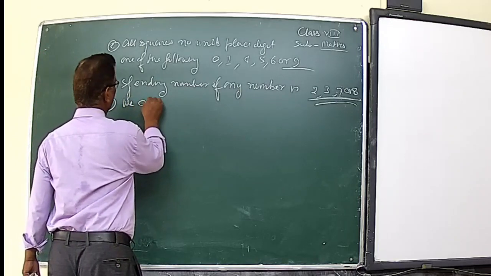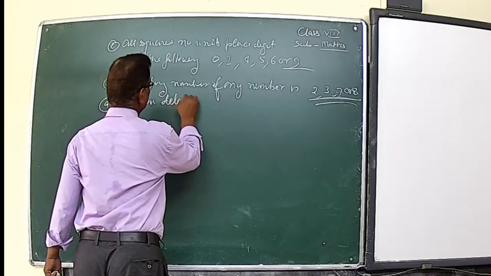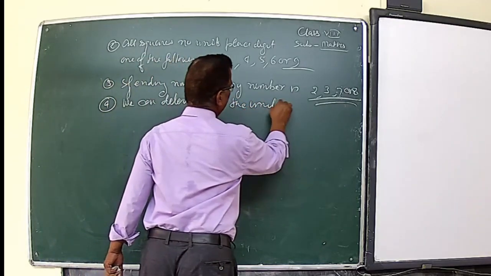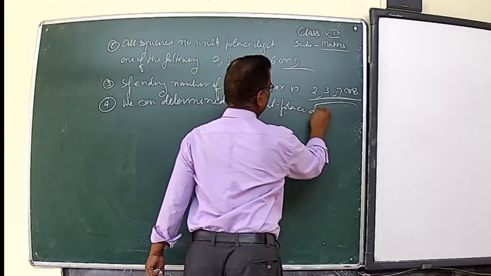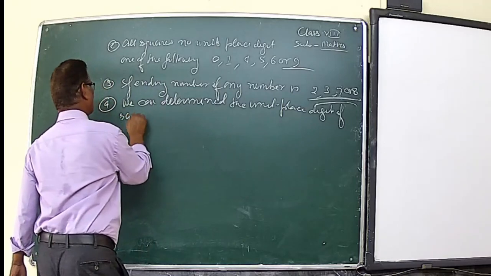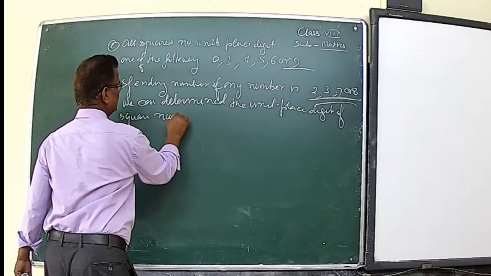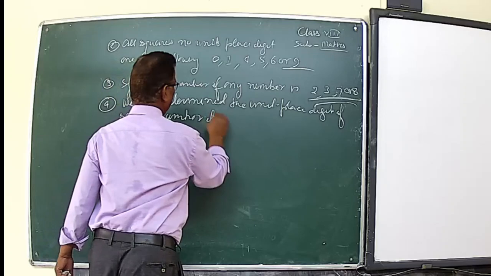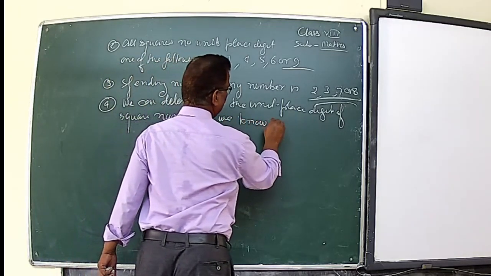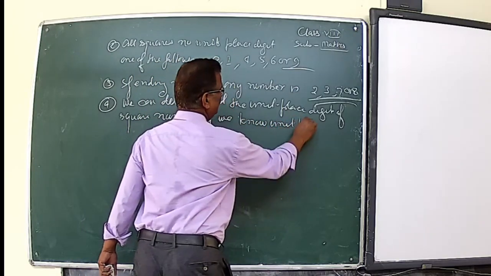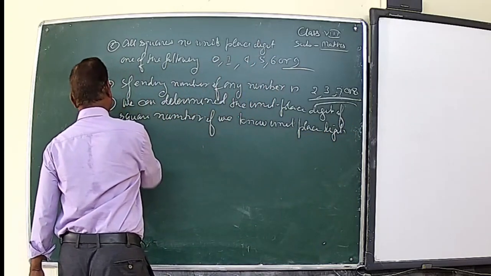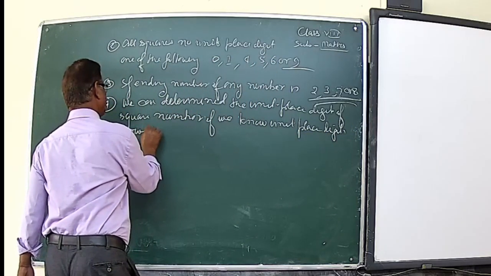We can determine the unit place digit of a square number if we know the unit place digit of the given number.